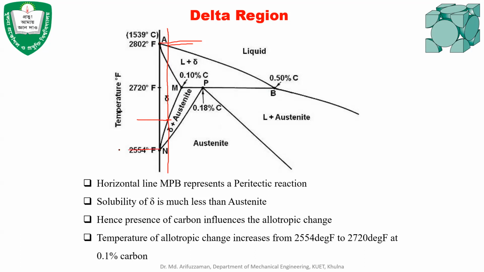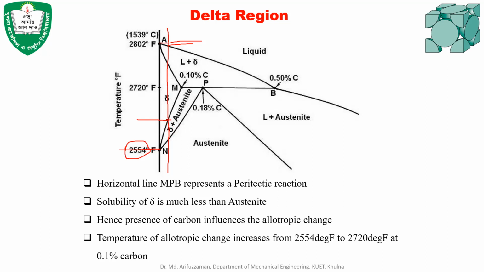this temperature and this temperature, that means when iron is pure, then the conversion of delta iron starts at a temperature of 2554 degrees Fahrenheit. But when you add a certain amount of carbon in the iron, then the temperature has increased. That means the conversion from delta to gamma starts to occur at a higher temperature.